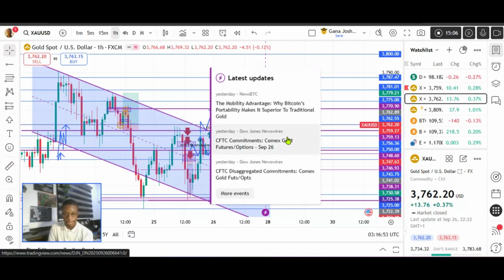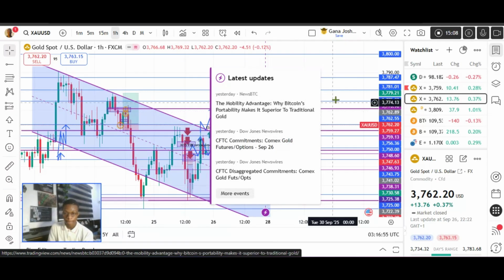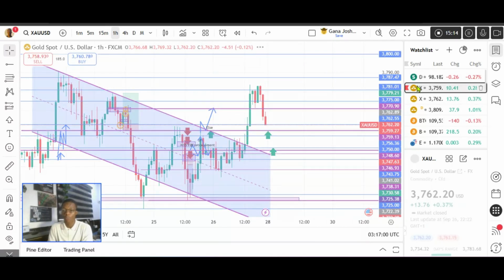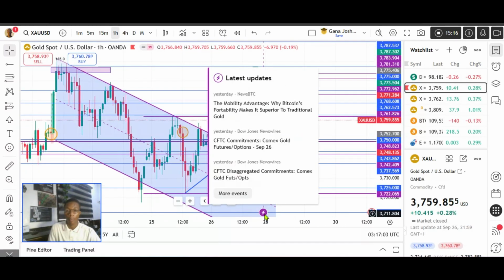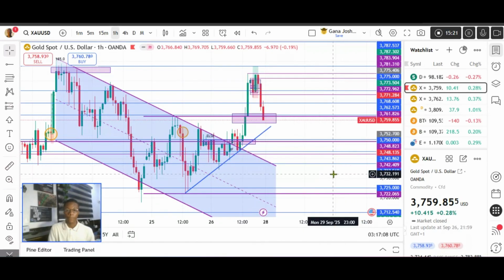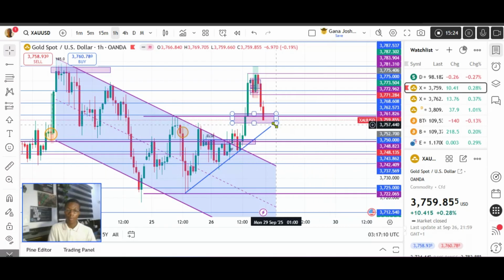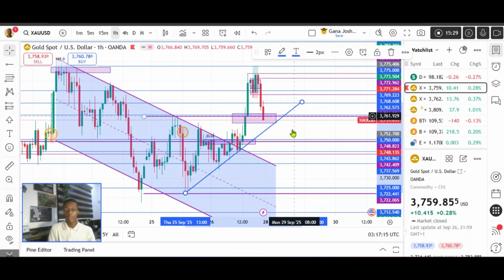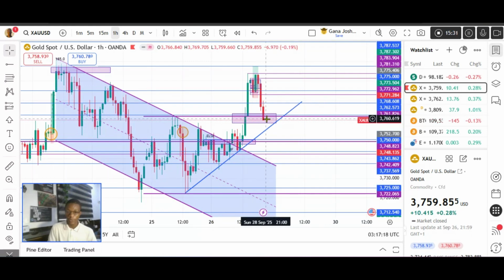Let's check. But if price fails to respect this and breaks, we are going to look for a sell opportunity. So support turned resistance, resistance turned support.